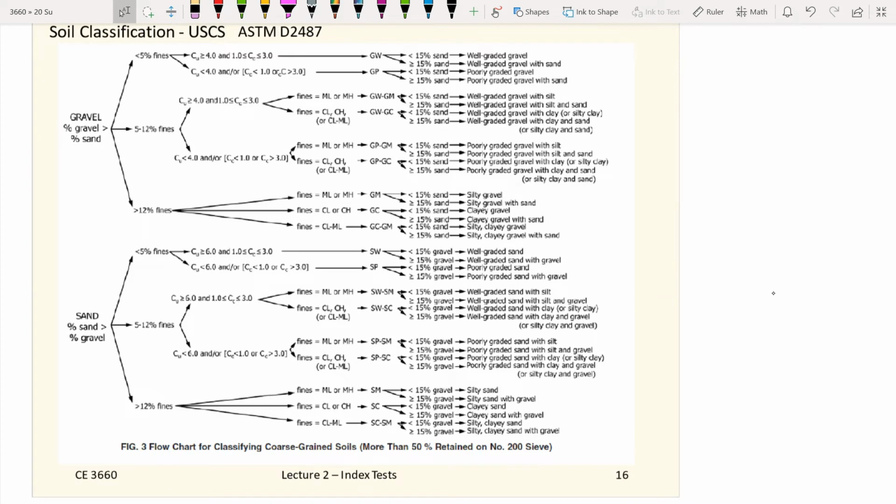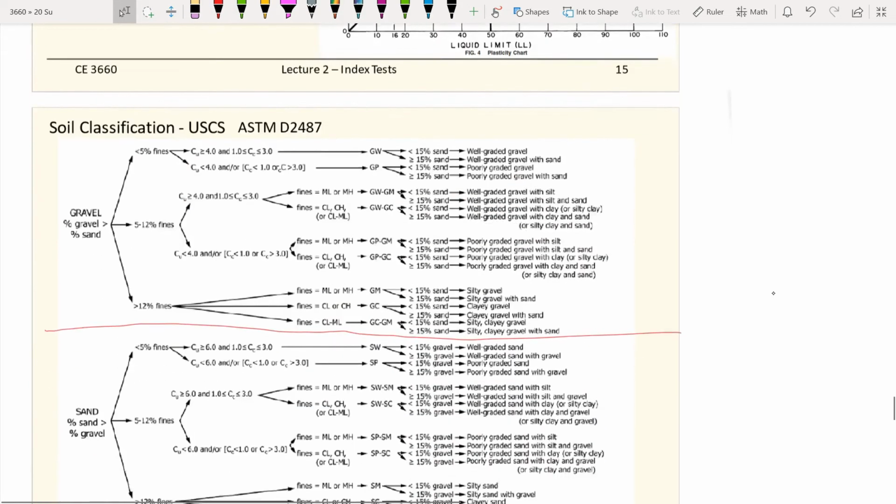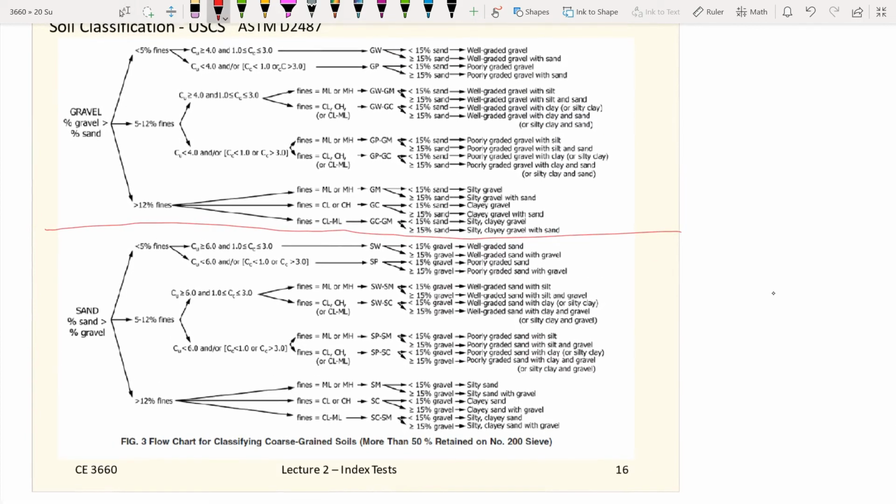So what I see here, actually, is figure 1 and figure 4, and this is figure 3. And figure 3 has two parts: an upper part and a lower part. Figure 3 is for gravels and sands, so it is for the coarse-grained material.